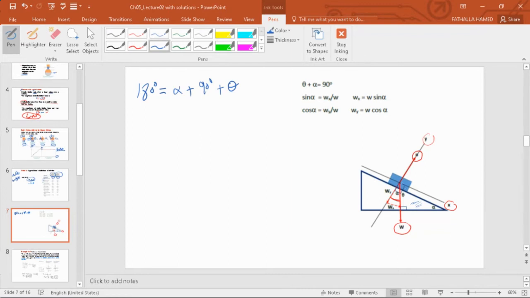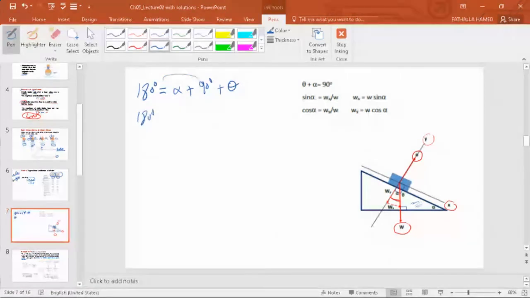Now if you look at the angle between the incline, that means the x-axis, and the y-axis, it's 90 degrees. But this angle, it's the angle theta that the incline makes with the x-axis, plus the angle alpha, or we don't know what the angle that it makes with the y-axis here. So from this one here, I can take this to the other side.